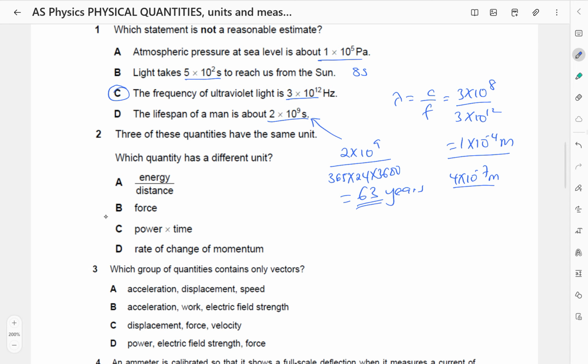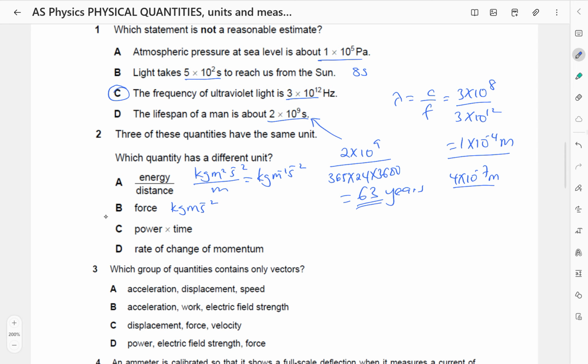Energy over distance. Energy is kilogram meters squared per second squared. Distance is meters. So this gives us kilogram per meter per second squared. Force is also kilogram meters per second squared.